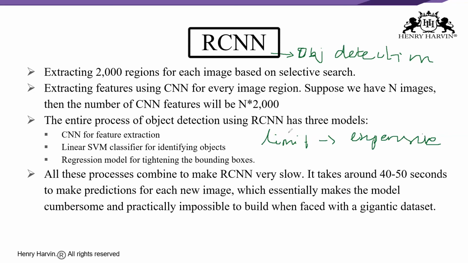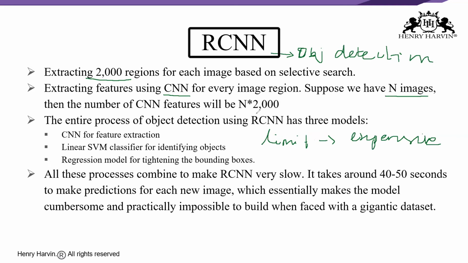Here we are trying to extract 2000 regions for each image based upon selective search. We are extracting features using the CNN for every region.